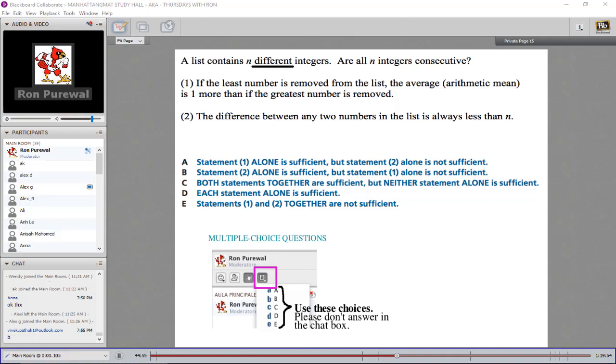Guys, there are instructions on the screen for where to answer the question. Do not answer in the chat box. I'm looking at you, person who answered in the chat box. Don't do it. The answer in the chat box is incorrect, by the way.